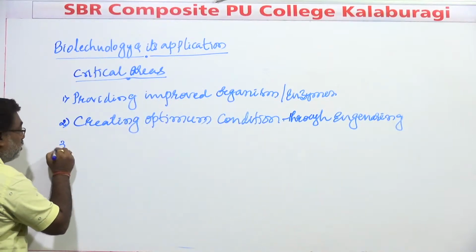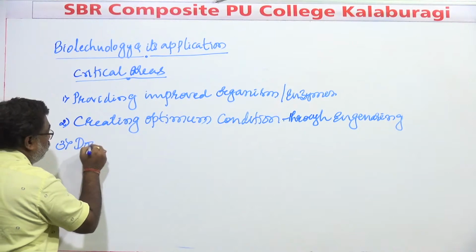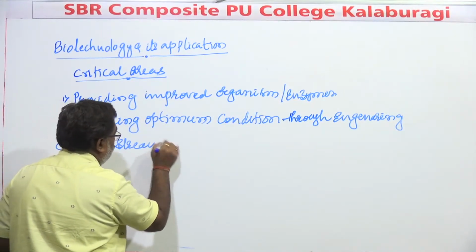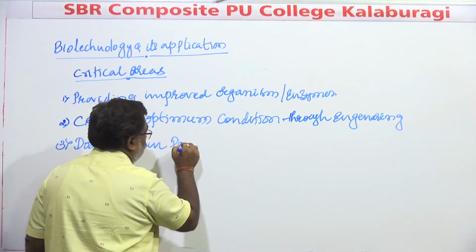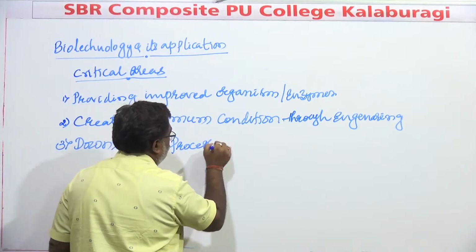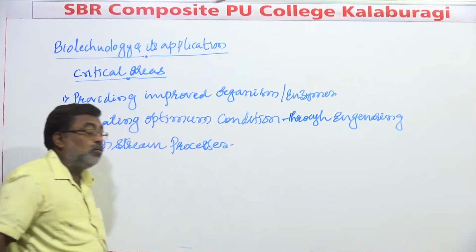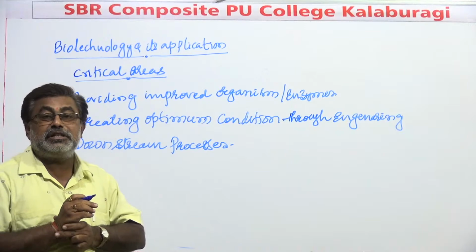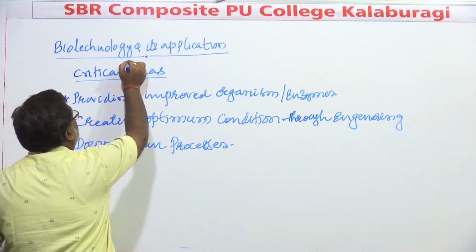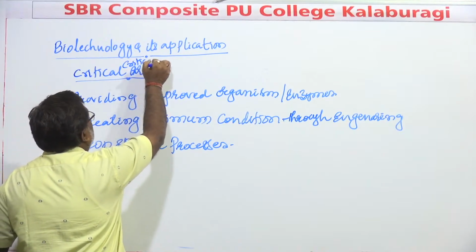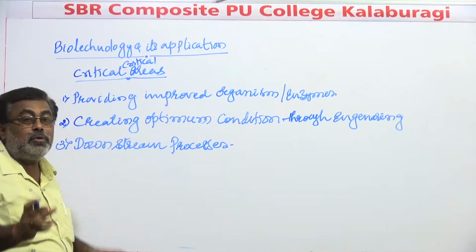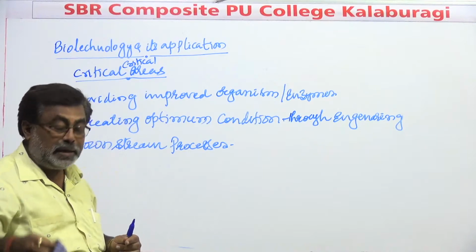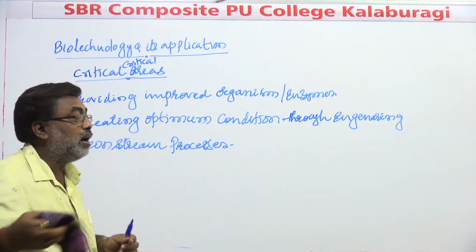The next one is downstream process. So these are the three critical research areas of biotechnology. Next we will discuss the application of biotechnology in the field of agriculture.